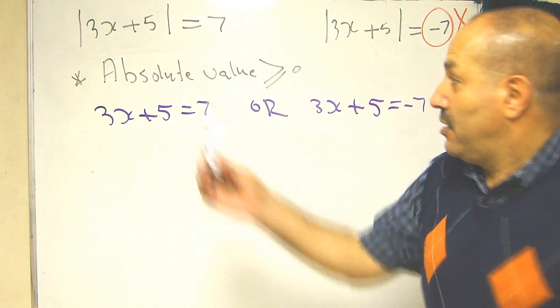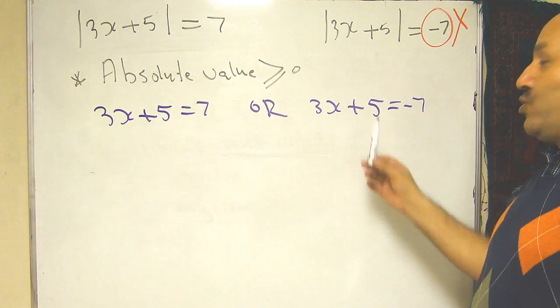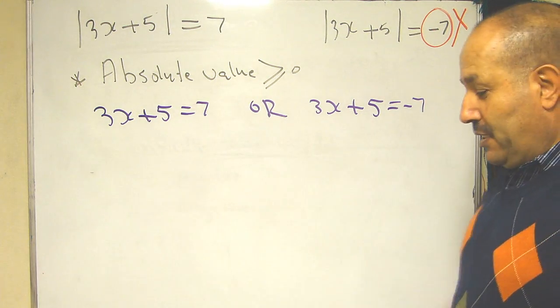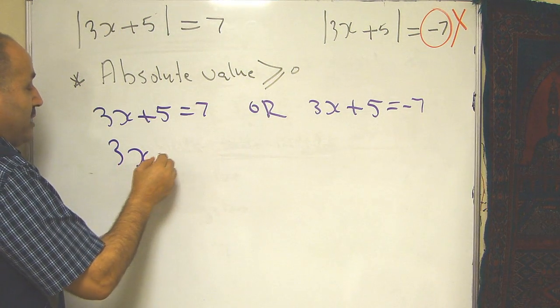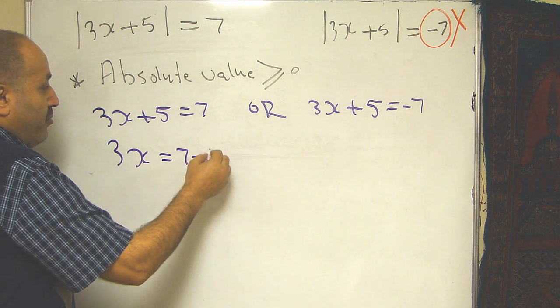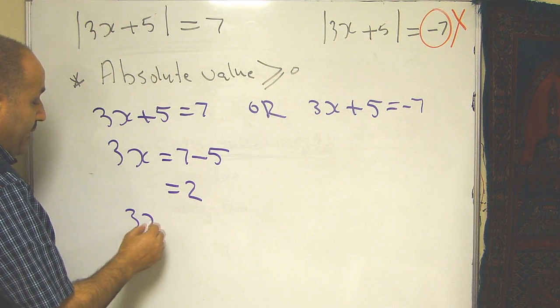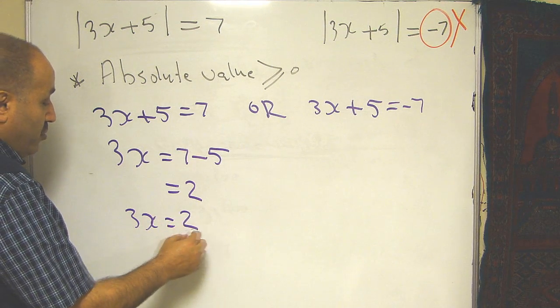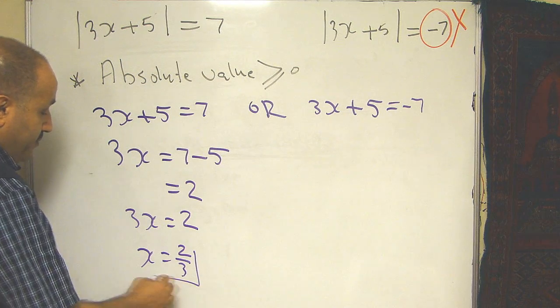The inside either it used to be positive or it used to be negative. Two easy equations. I will simplify these two equations. 3x equal 7 minus 5, and that will be 2. So 3x equal to 2. So x equal 2/3.